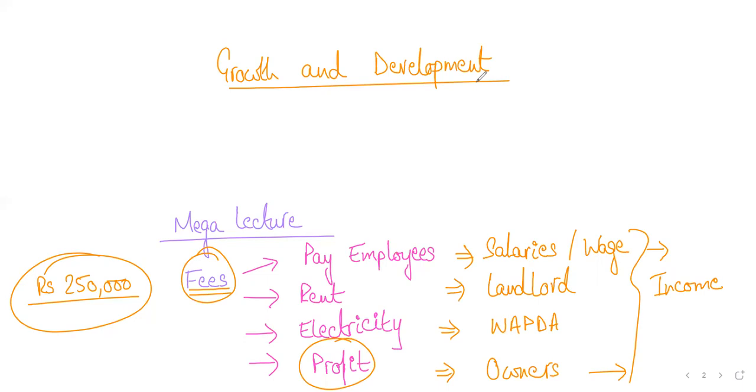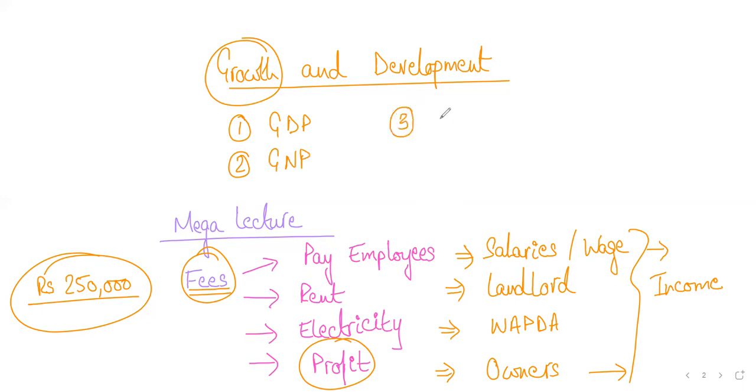Do remember that GDP is the most commonly used measure of national income, even more commonly used than gross national product. But to measure growth, you can use four different statistics. You can use gross domestic product, or gross national product, which is the income of only Pakistani nationals regardless of where they are staying.